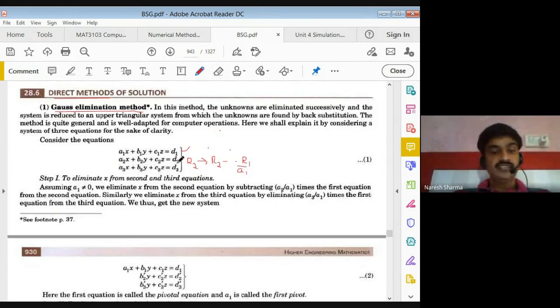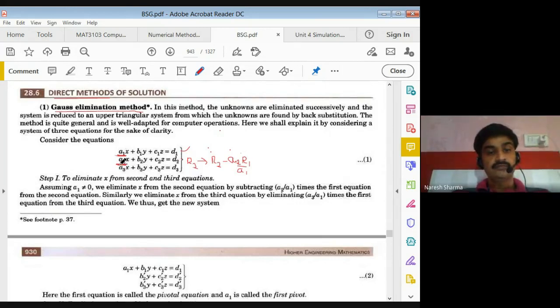So if we divide R1 by a1, it becomes 1 here. Now we multiply this by a2. Once you multiply this by a2, this value becomes a2 only. And in R2 we have a2 already, so this is a2 minus a2, that is 0. So this x is eliminated from your second row.